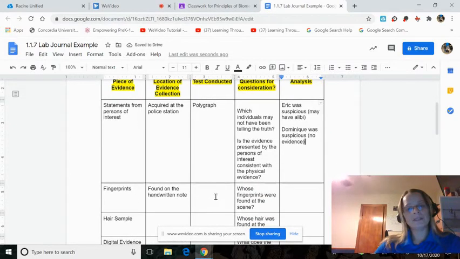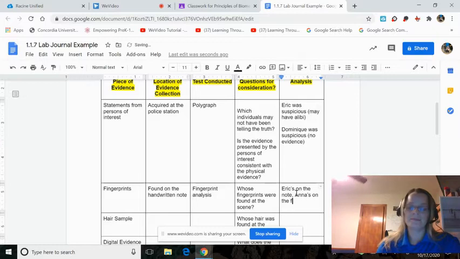The fingerprints, the test conducted, if you recall, it was just a fingerprint analysis. Whose fingerprints? Remember, it was Eric's on the note, Ana's on the flask.